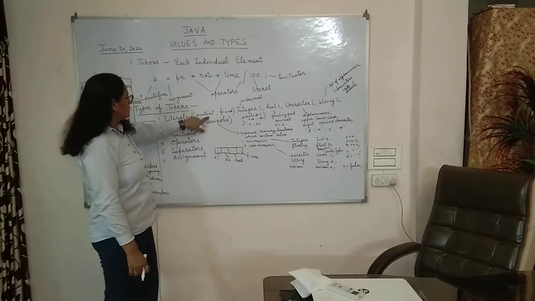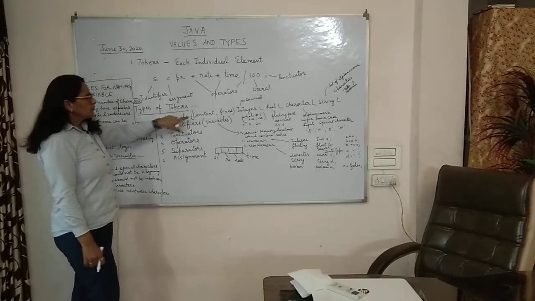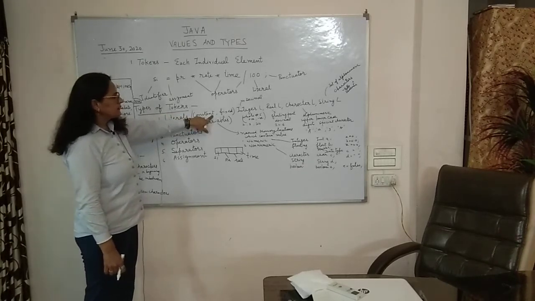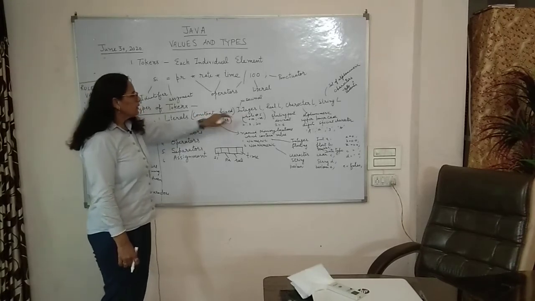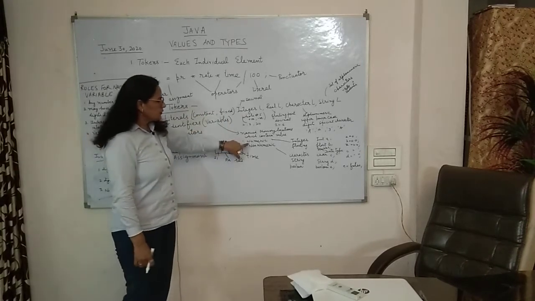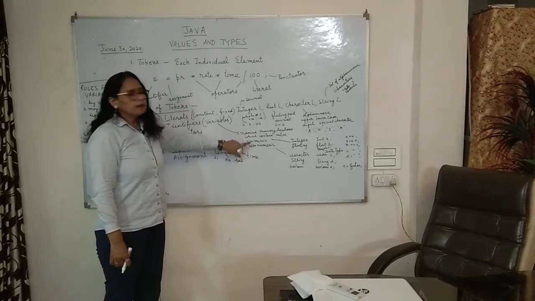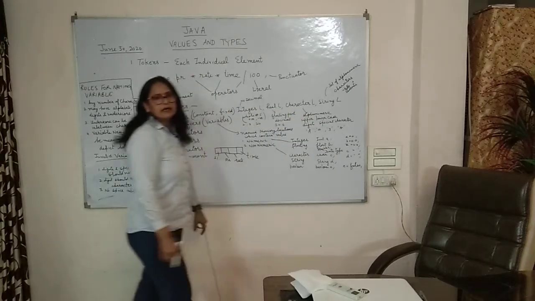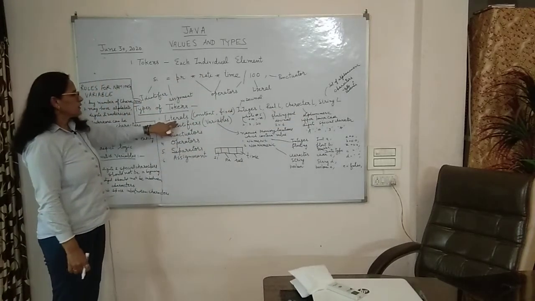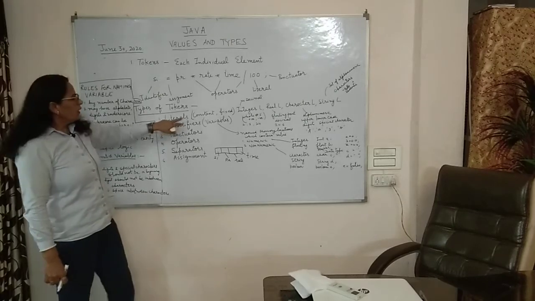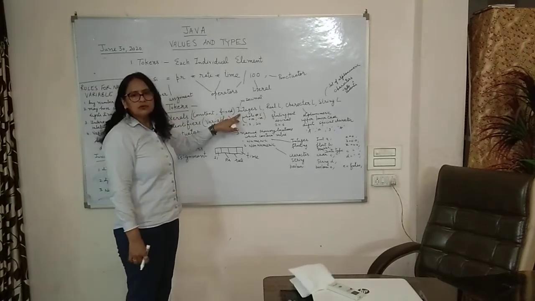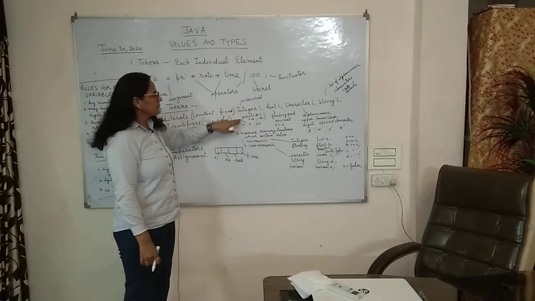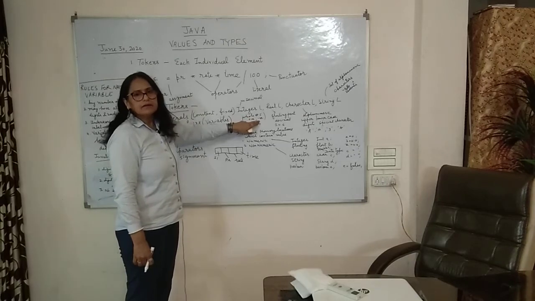Now next is literals. Literals are of two types, one is constant, and they are again of two types, numeric and non-numeric. Integer, real, character, string, these four types of literals are there. Now an integer literal will always have whole numbers, positive and negative.